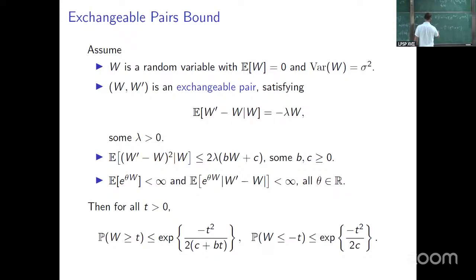So we have 1 on 4 lambda times the expected value of W prime minus W squared, e to the theta W plus e to the theta W prime. This is what this gives us. And now we can use exchangeability again, and when we use exchangeability this becomes an e to the theta W, and this stays the same. So this is like 2 copies of it with e to the theta W.